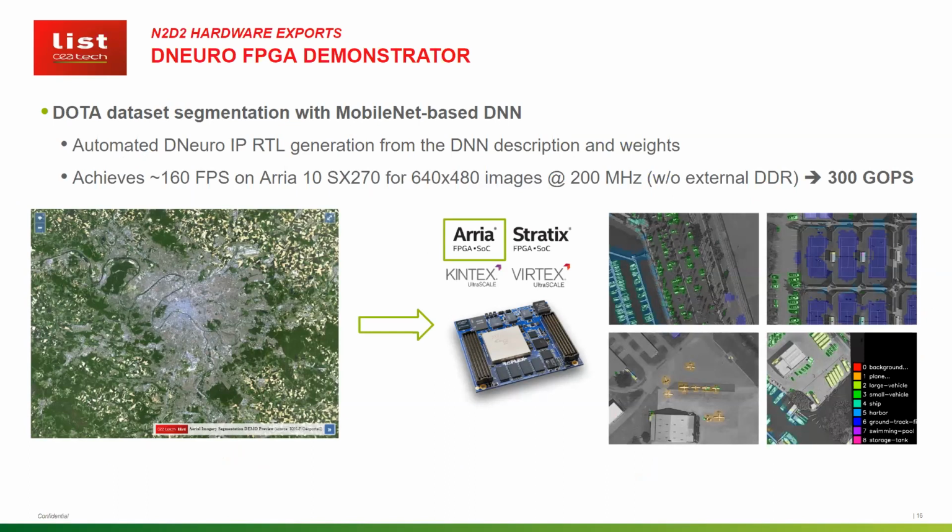You have the map as shown on the left, and we can see that we are able to do the pixel-wise segmentation in real time using this DNN FPGA demonstrator. You can see on the right that it finds different objects and assigns the pixels to those objects. So we can move to the next slide, please.